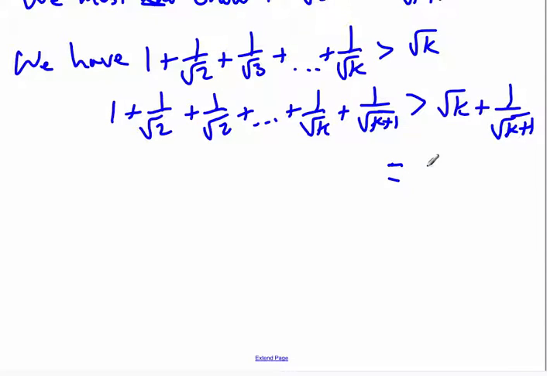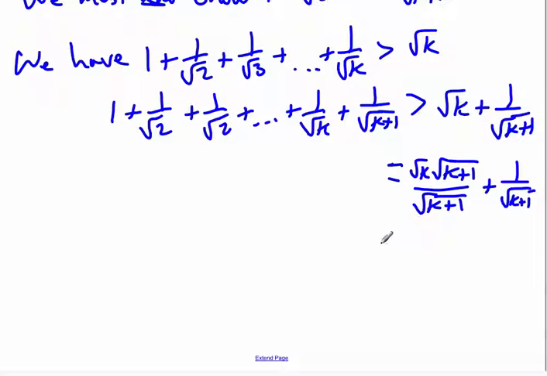This is equal to root k times root k plus 1 over root k plus 1, plus 1 over root k plus 1. We'll add those together, and we've got root k plus 1 plus 1 over root k plus 1.